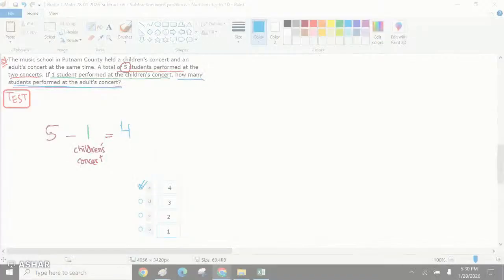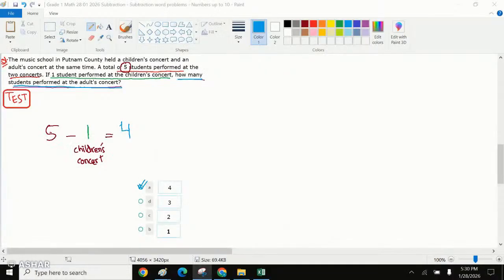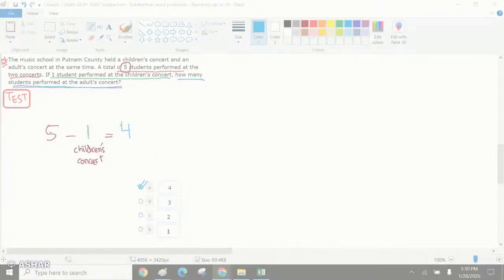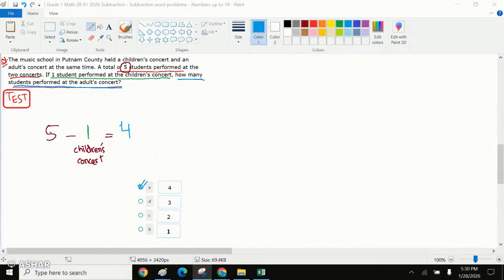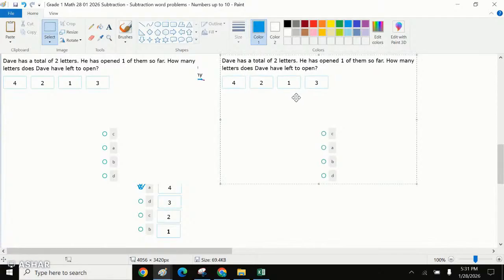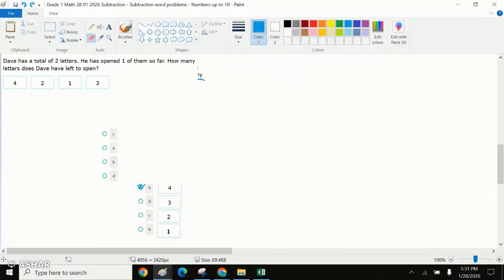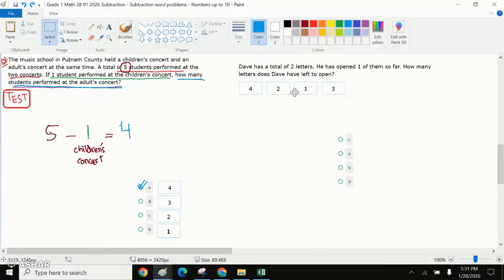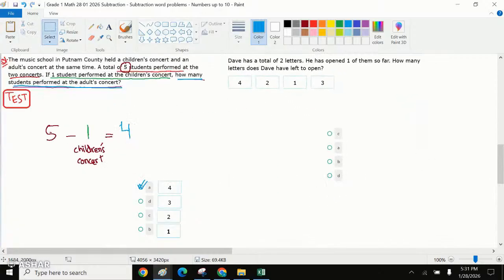The next is, we've done a similar question already. Question number 2 says, Dave has letters, opened and unopened letters. If Dave has these many letters, sorry, just a moment, please. I'll just realign this.